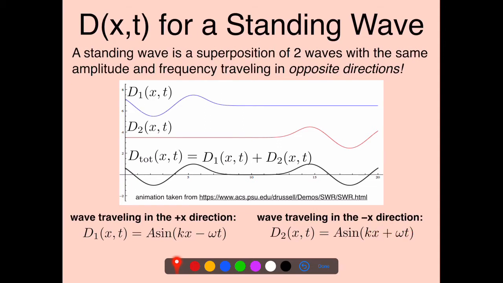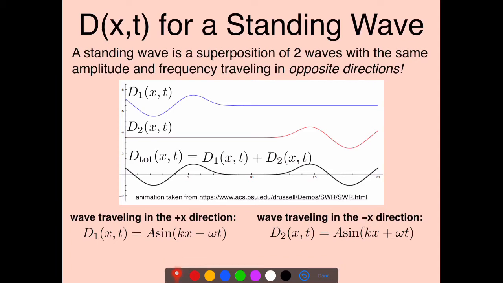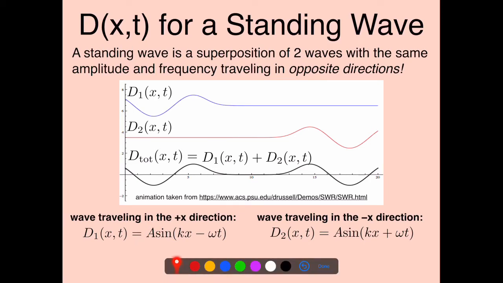So again, this plus sign indicates that this wave is traveling in the negative x direction. Other than that, the waves are exactly the same. They have the same exact amplitude A, and the same exact frequency omega. The only difference is the direction they're traveling in, which is accounted for by the sign difference in the two functions.